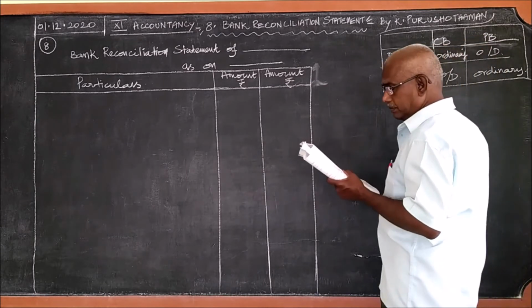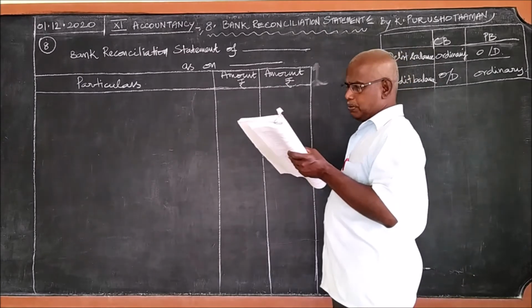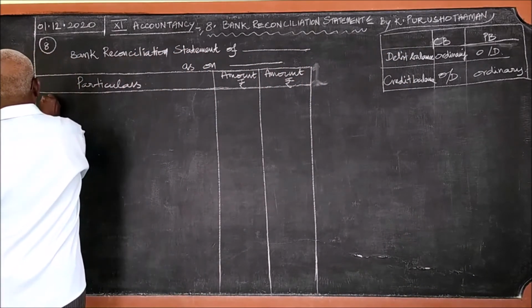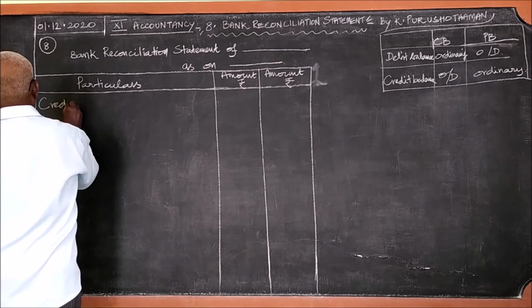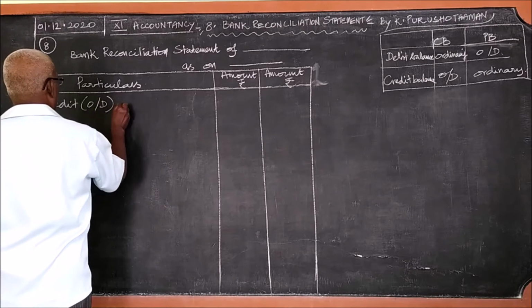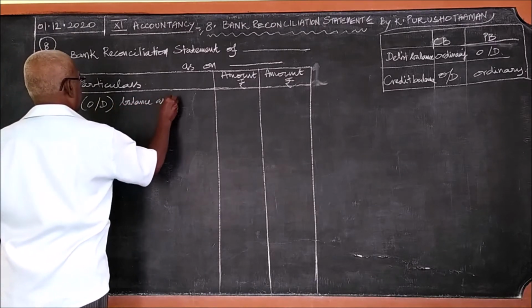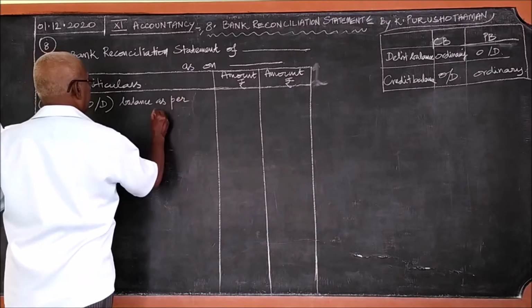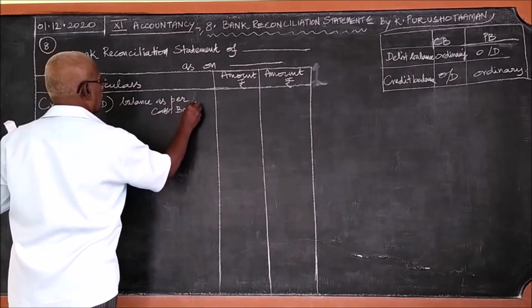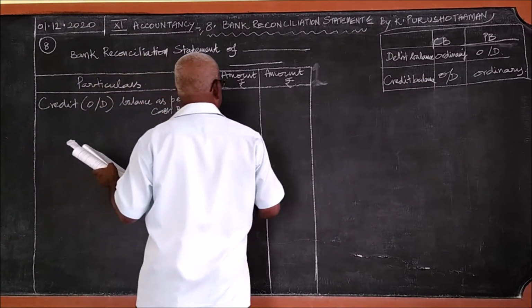Right. What is given here? Credit balance as per cash book. So, credit balance, overdraft balance as per cash book. The amount given is 5,000.